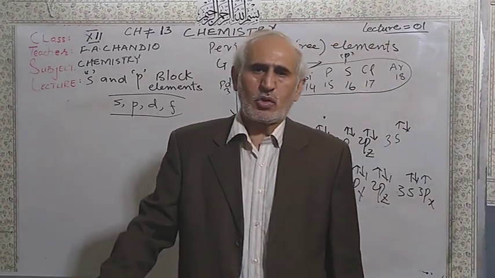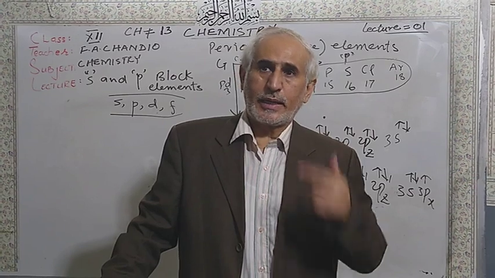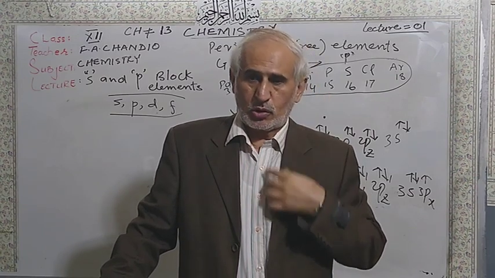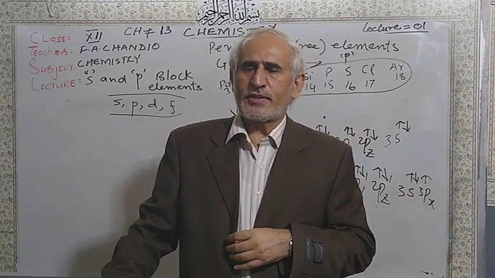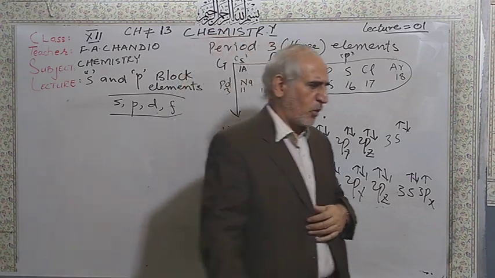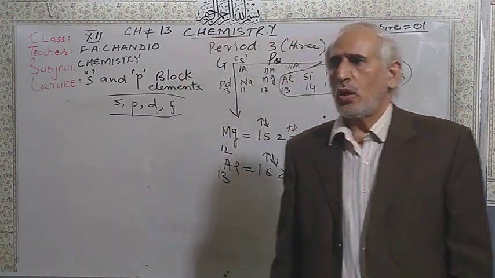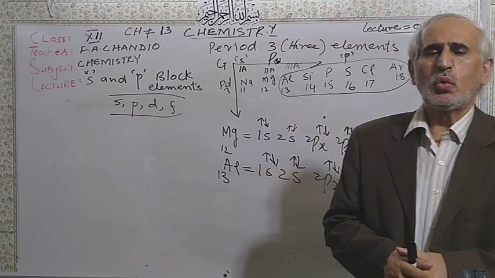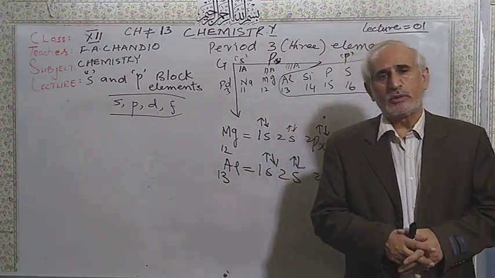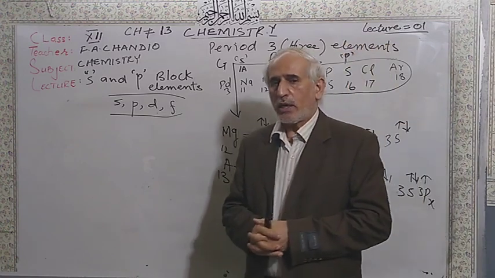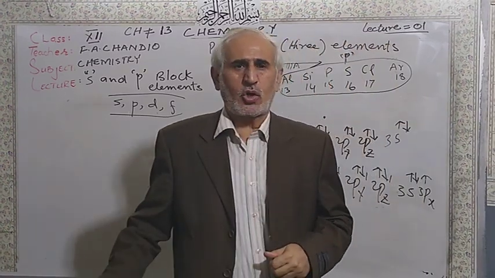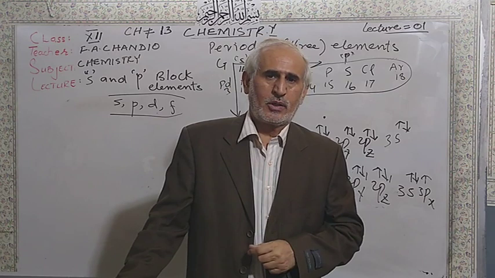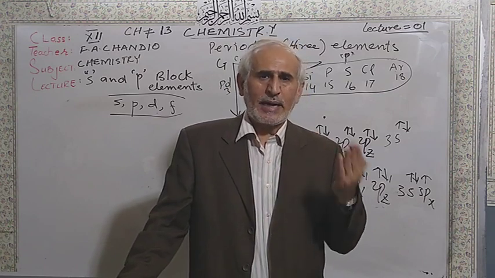Dear students, also if you see grade 9, the chapter number I think 4, bonding, for filling of orbitals, two rules are applied. One is called the duplet rule and the other is called the octet rule. Duplet rule and octet rule.